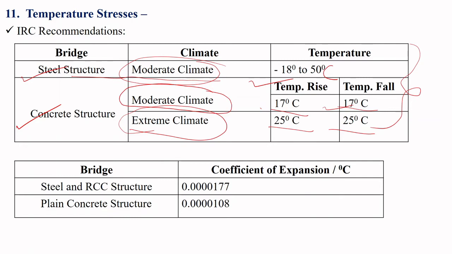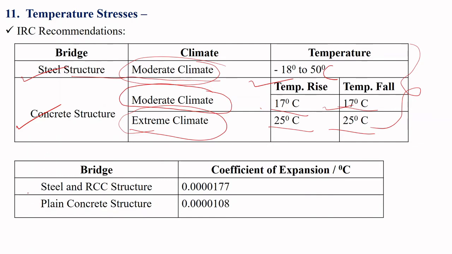Now next, we know the alpha value, we call it the coefficient of expansion, that we have seen in strength of materials. Now the IS code has given the alpha value, that is the coefficient of expansion value, for the different types of bridges. Now we will see what these values are.